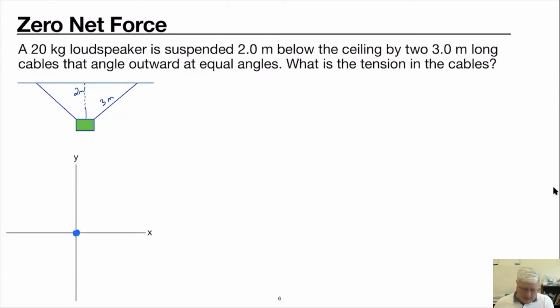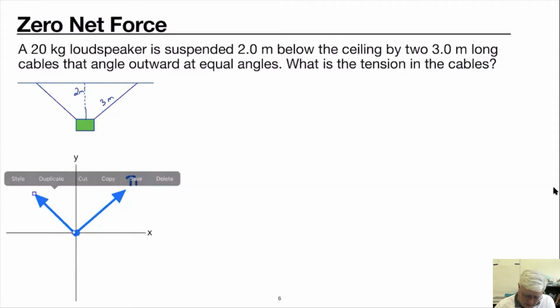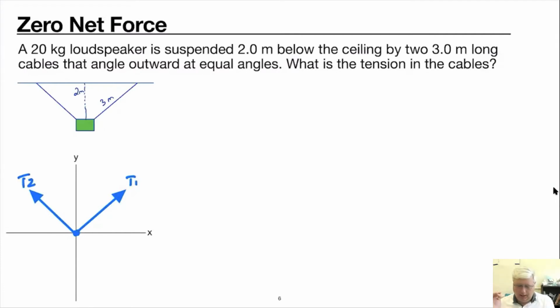Okay, well, we know that we have a tension, so maybe this is T1, and another tension T2, okay. And theoretically they're equal, right? Because what are we told? That they are both the same length and they're angled outward at equal angles. So those tensions are actually going to be the same.